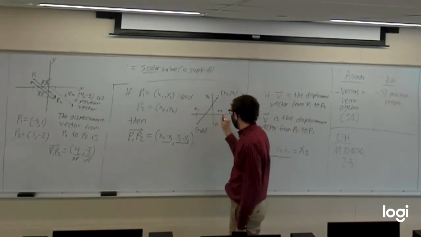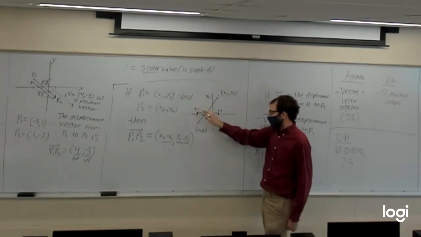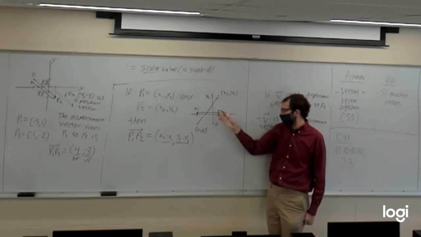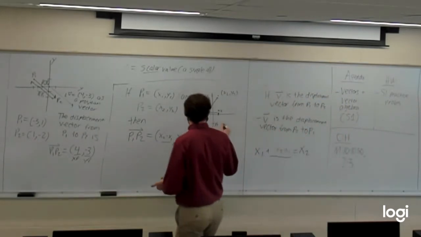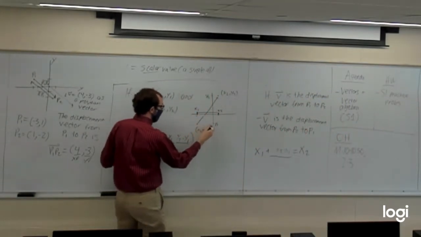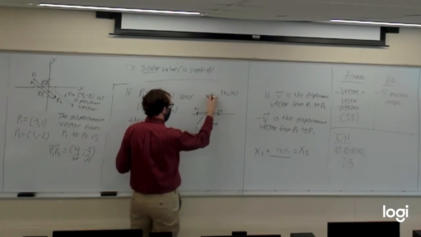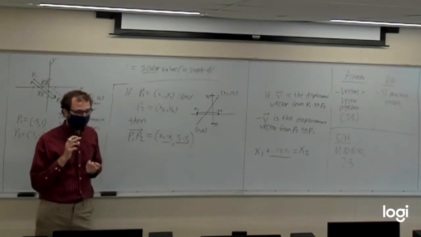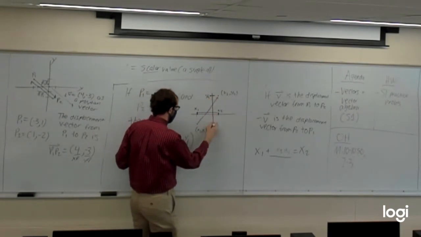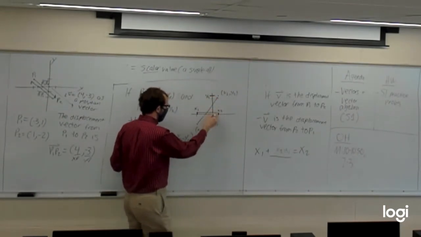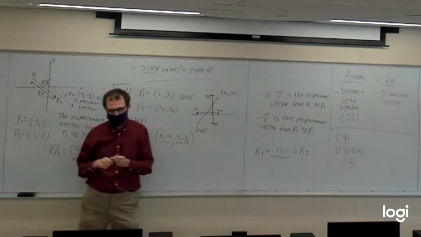The x-coordinate of this arrow needs to correspond to the distance from x1 to x2, which is x2 minus x1. And how far up does it need to point? It needs to take us from a y-coordinate of y1 up to y2. So the vertical change in this arrow corresponds to the distance between the two y values, which is y2 minus y1.